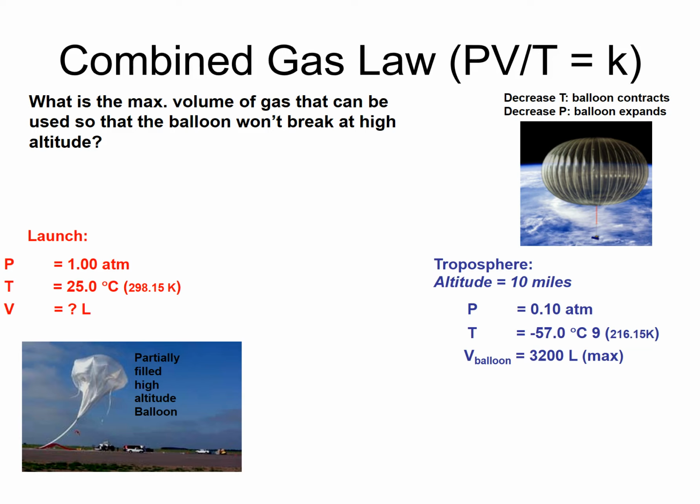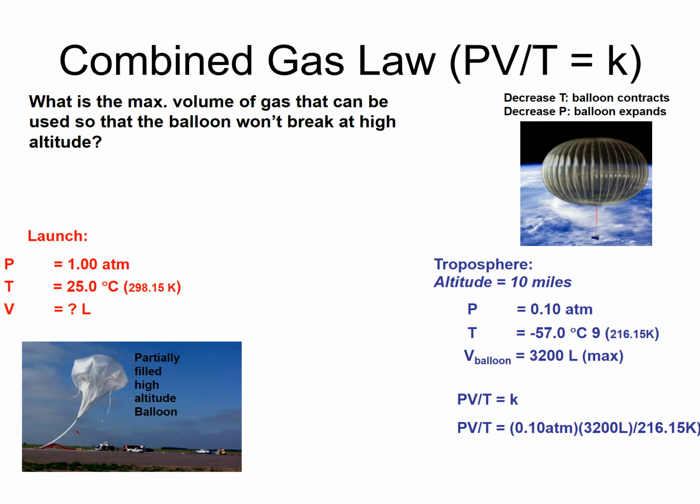So, we've got a collection of information. There's some really nice symmetry here. On launch, we have P, T, and V, where V is our variable, and at altitude, in the troposphere, we have P, T, and V, and we've got numbers for all of those. Can't resist, want to use the combined gas law, and that is that PV divided by T is a constant, and we have, at altitude in the troposphere, every variable filled.